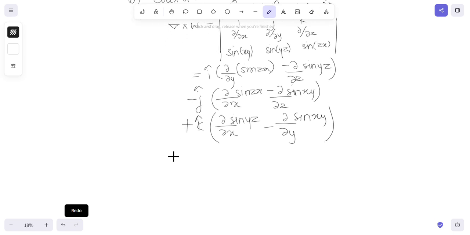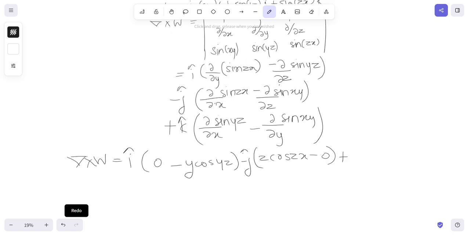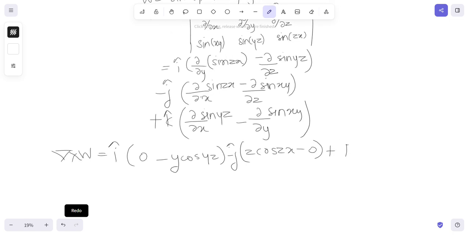So now by solving this, we would get the curl of W, that is nothing but i cap in bracket 0 minus y cos yz, minus j cap of z cos of zx minus 0, plus k cap of 0 minus x cos of xy.